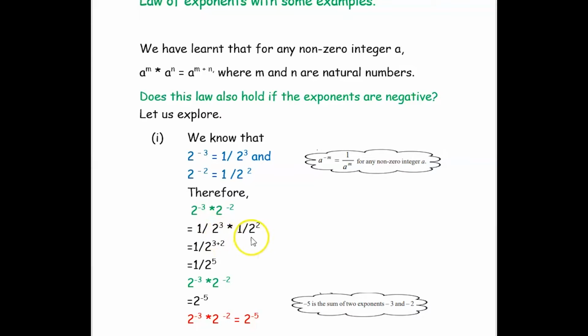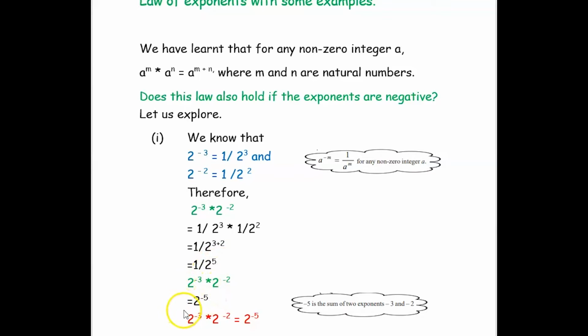Here the two bases are the same, right? 2 and 2. If the base is the same and it is in multiplication, we can add the powers. So 1 divided by 2 raised to the power 3 plus 2. 3 plus 2 is 5, so 1 divided by 2 raised to the power of positive 5.